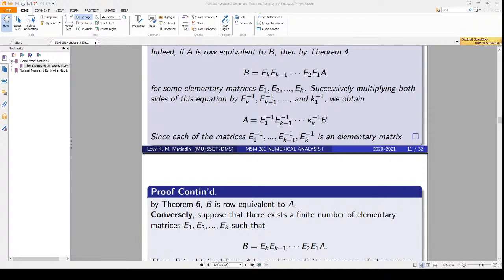They have an inverse, and its inverse is also elementary. So we have shown that B is row equivalent to A, and A is also row equivalent to B.